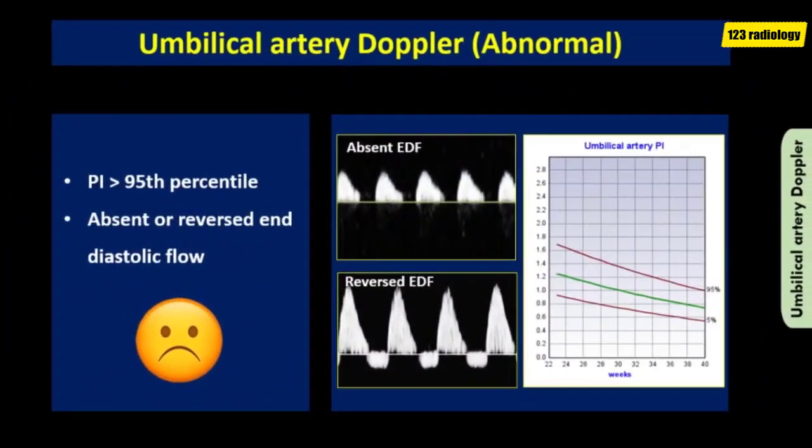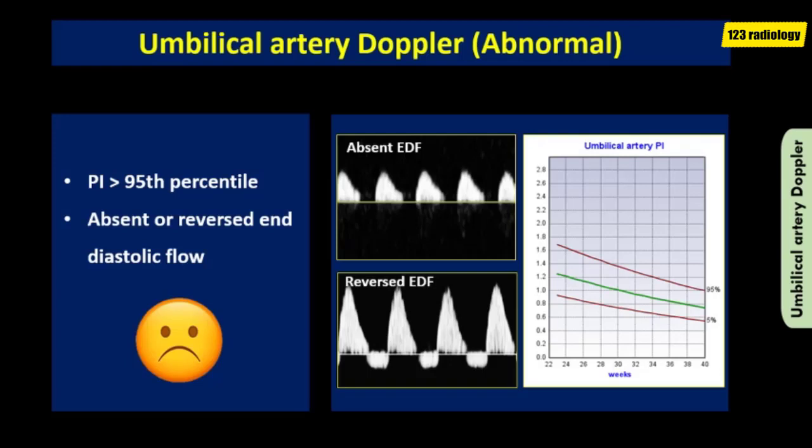In an abnormally functioning or insufficient placenta, the resistance will remain high. This will be reflected by a pulsatility index above the 95th percentile for gestational age. Once the resistance reaches a critical level, blood flow during diastole will be impeded, and this is called absent end diastolic flow. Then, blood flow will be reversed back towards the fetus during fetal diastole.